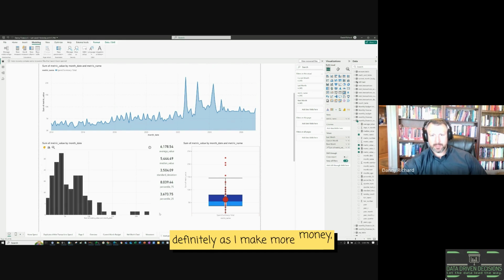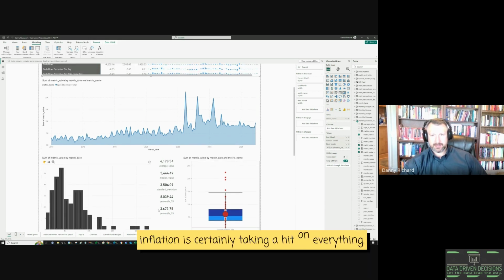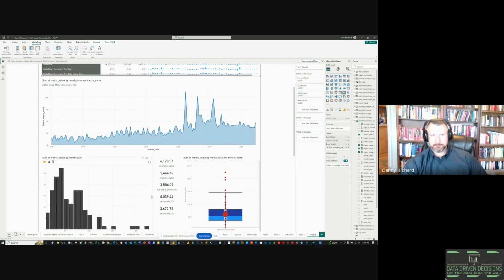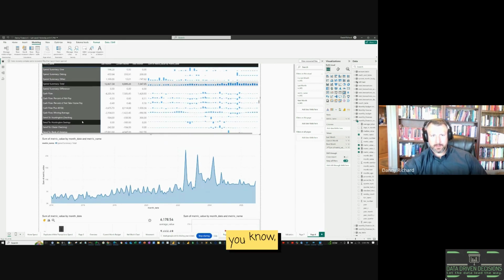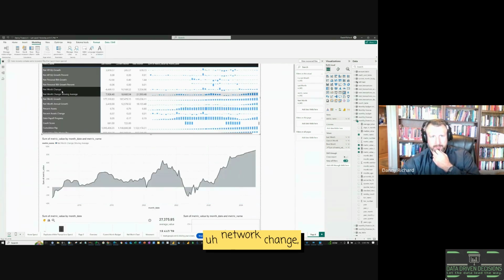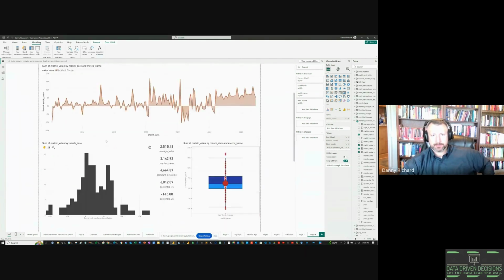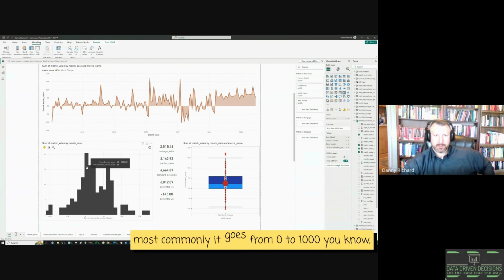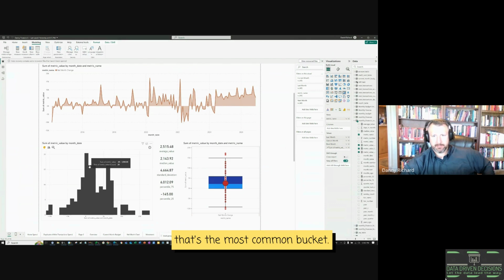Definitely as I make more money, I spend more money. Inflation is certainly taking a hit on everything, so everything's more expensive. If we look at net worth change, most commonly it goes from 0 to 1,000. That's the most common bucket.